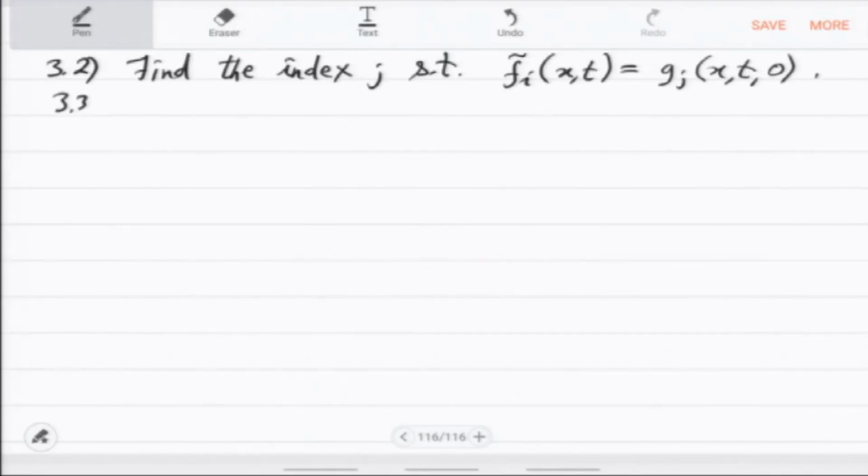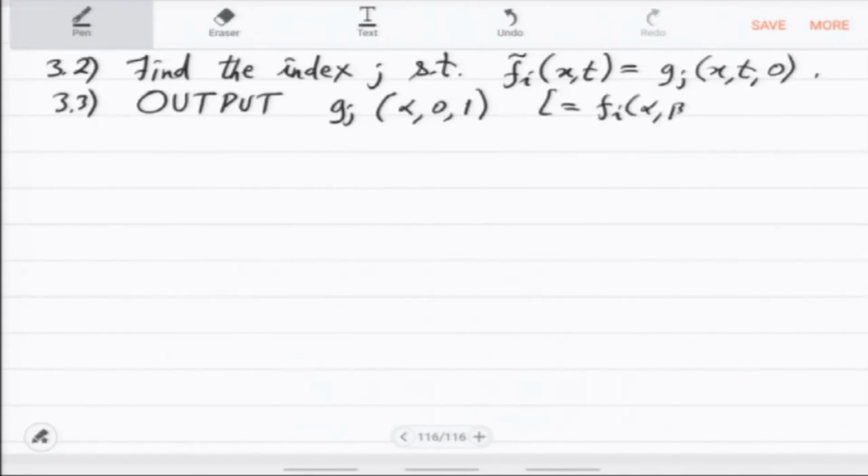Once you have identified it, Gj, then you can output Gj(alpha, 0, 1). Okay, this is equal to, as observed before, Fi alpha beta bar. Okay, that's the value you were looking for.